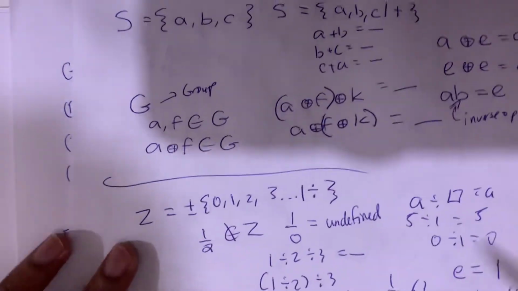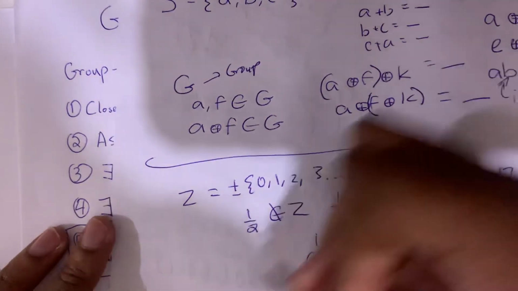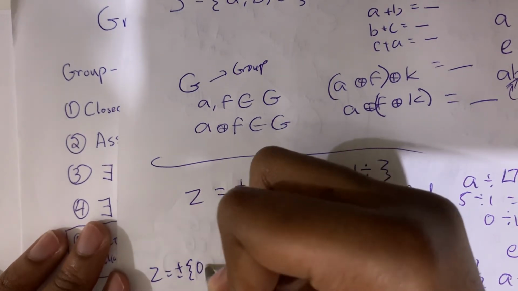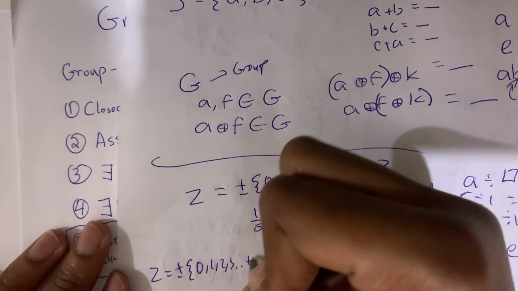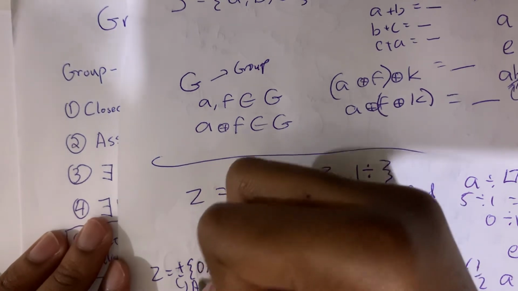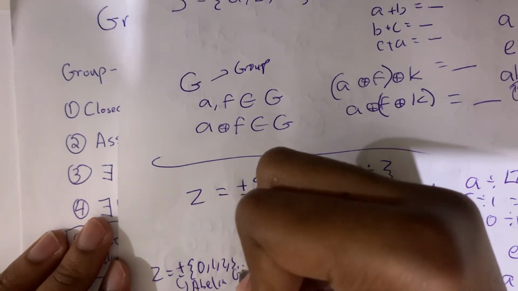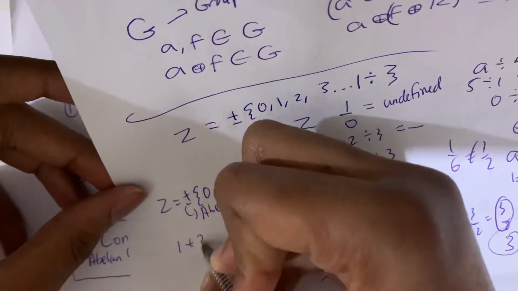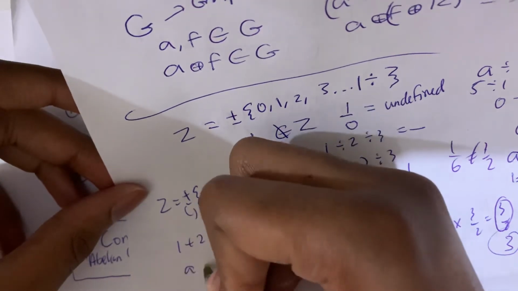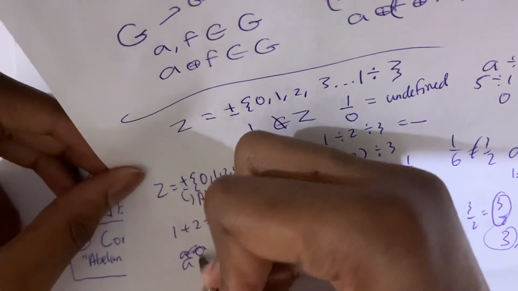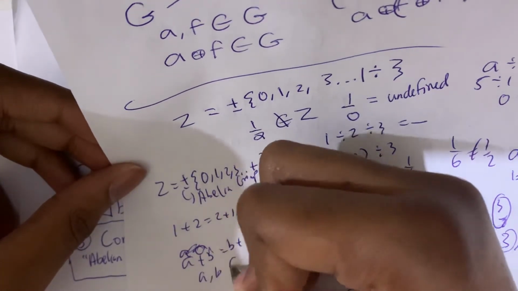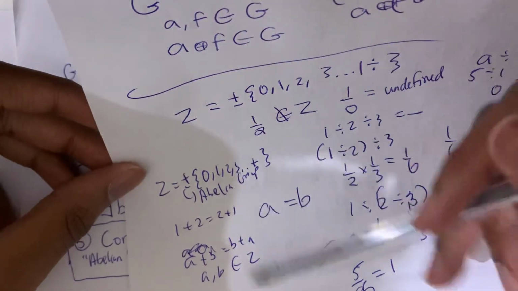I don't know where that went, but the integers under addition, plus minus, 0, 1, 2, 3 under addition, that would be an example of an Abelian group, since 1 plus 2 equals 2 plus 1, a plus b equals b plus a, where a and b are just members of this group.